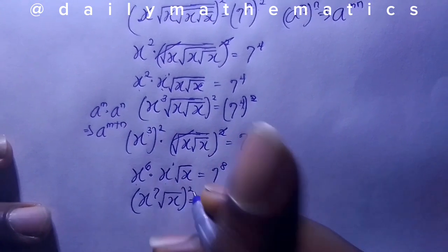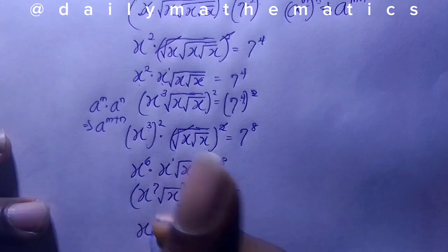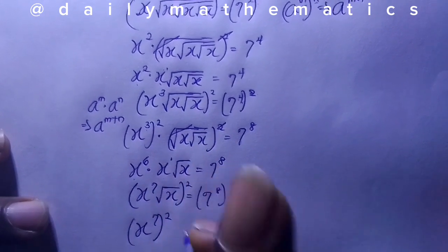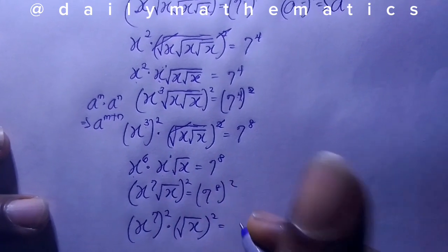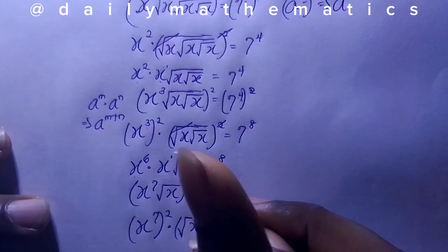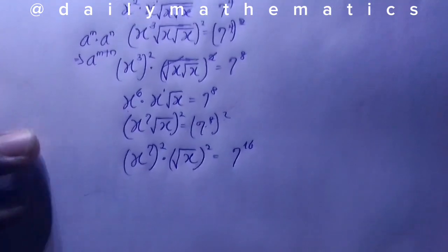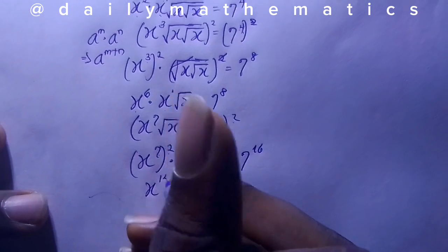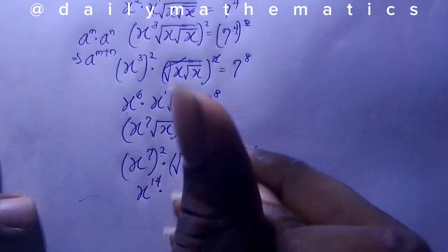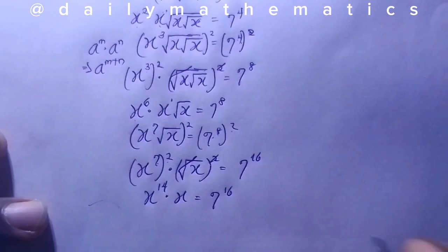From here we square both sides. We have x raised to the power of 7 squared multiplied by root x squared equals 7 to the power of 8 squared. We multiply the powers here: 8 times 2 gives us 16. Next, we multiply the powers here, and we have x raised to the power of 14 times, square cancels square root, x equals 7 raised to the power of 16.